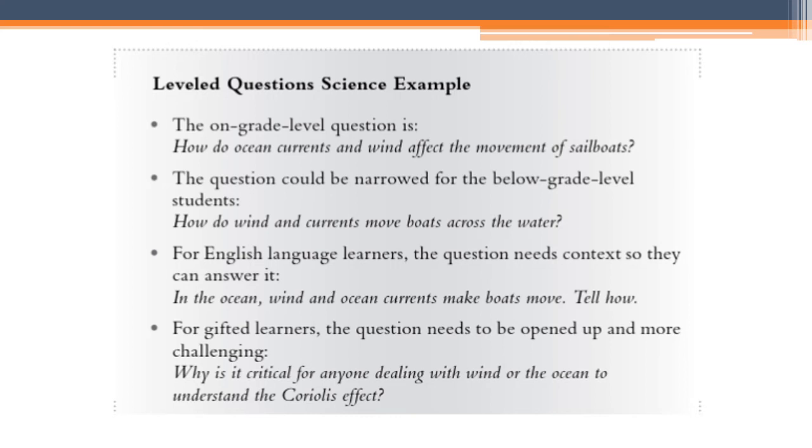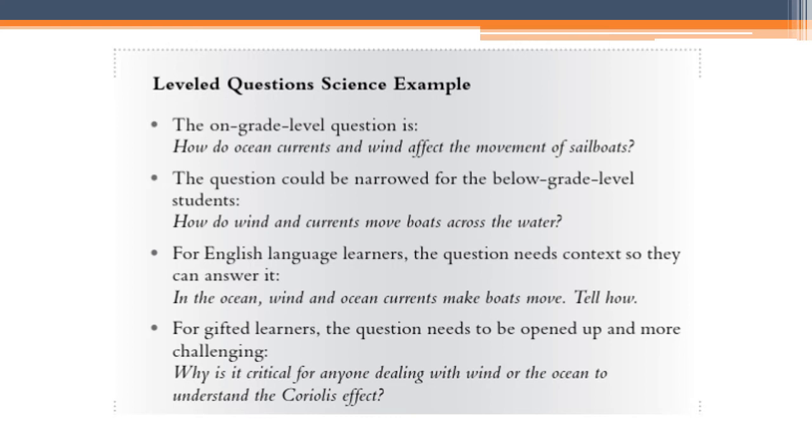However, the way it was presented in different ability groups is also different. When you see the construct of the questions, let's consider the on grade level question, the below grade level question, and the question for the gifted learners. May iba sa kanila.